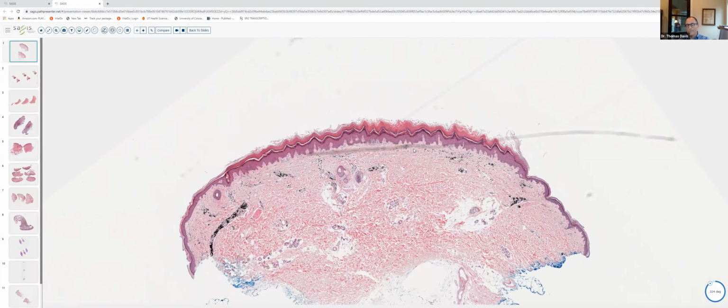And what jumps out at you are these pools of amorphous light blue material, lakes of light blue material with no associated host response. And this histologic appearance is very characteristic of Restylane or Juvederm or Perlane. It's hyaluronic acid.